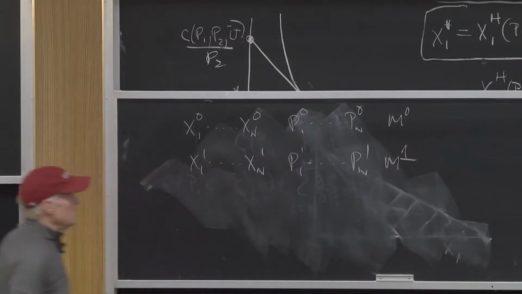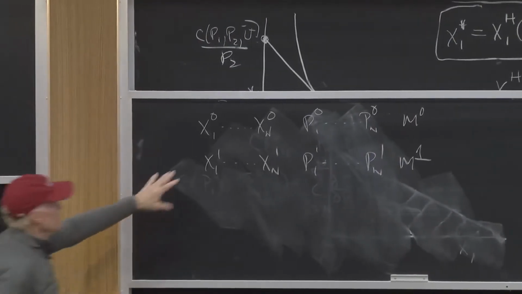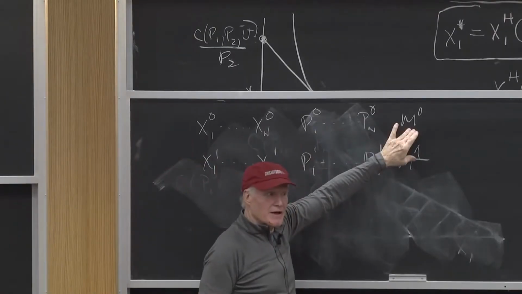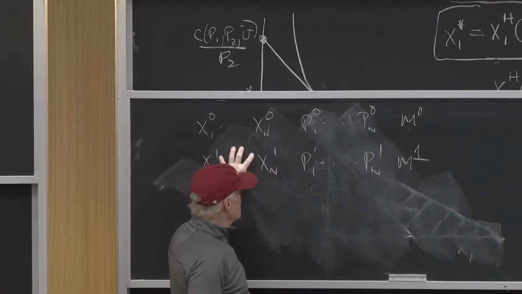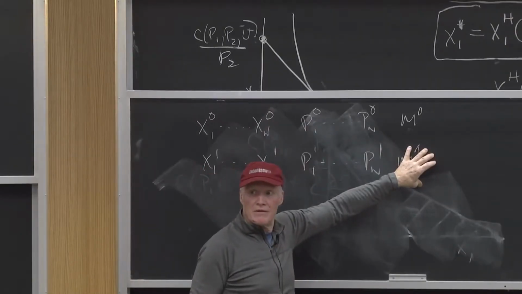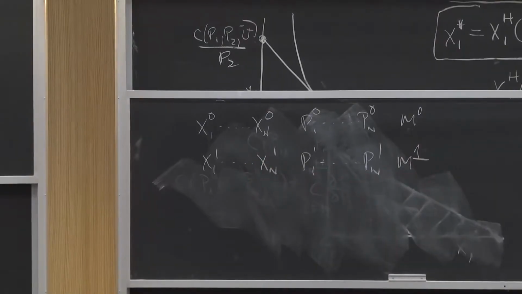So that's my data. I've got period 0, or condition 0, where we consume this mix of goods at these prices and this income level. Period 1, we consume this mix of goods at these prices and this income level. And I want to look at the change over time.